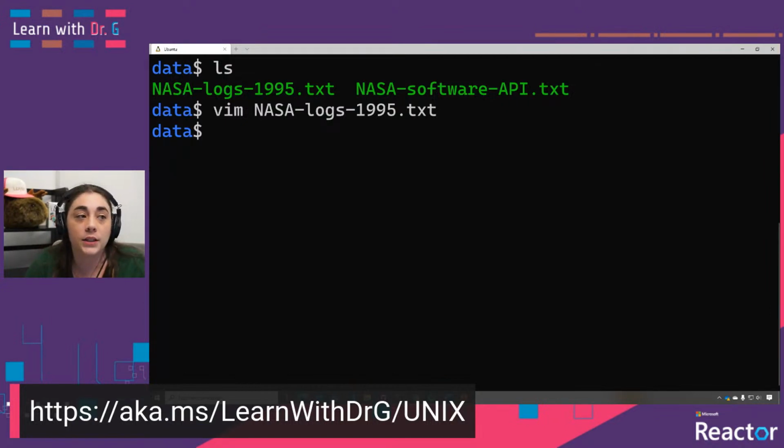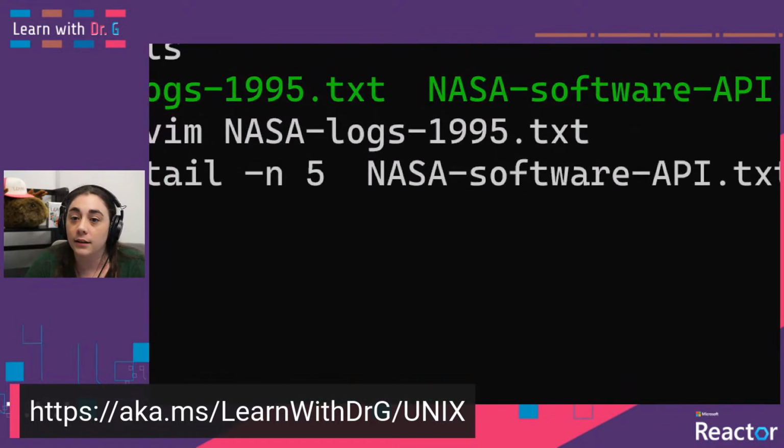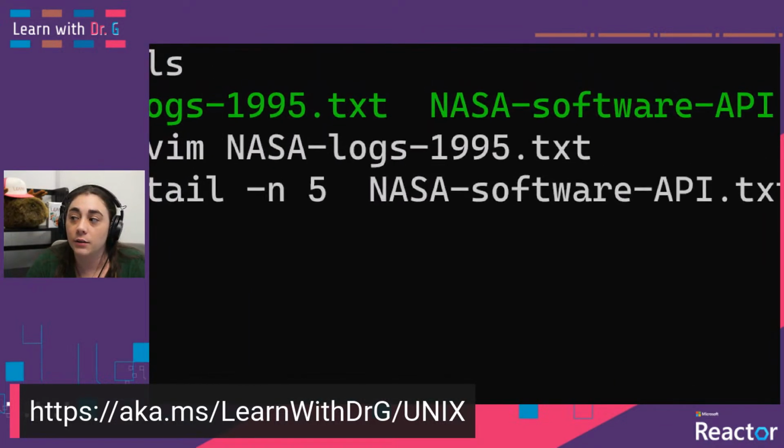Another way that we can do this is by using head, tail, or cat. Head and tail will give us the first few or the last few lines in our file, and cat will display the file, which we'll get to in a bit. For example, one of the commands that it suggests we run is tail. Tail is the command that we're running.